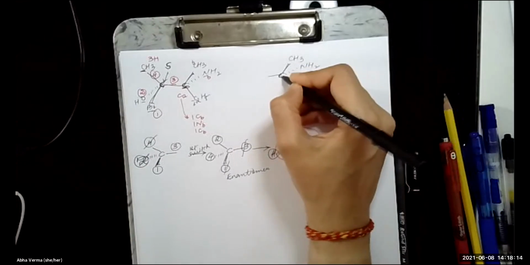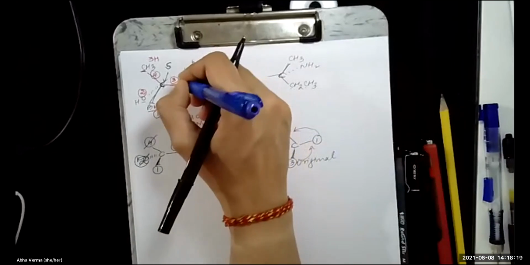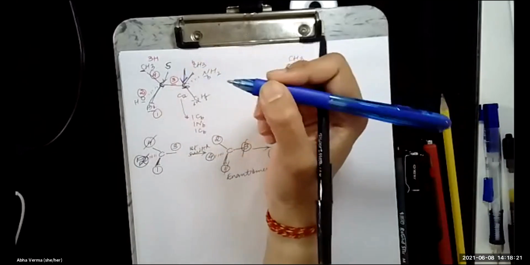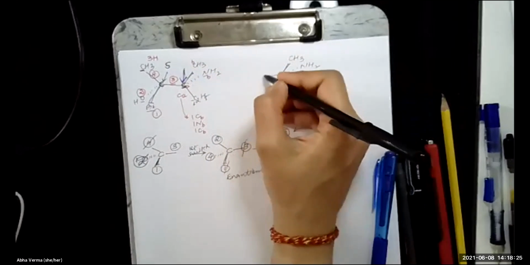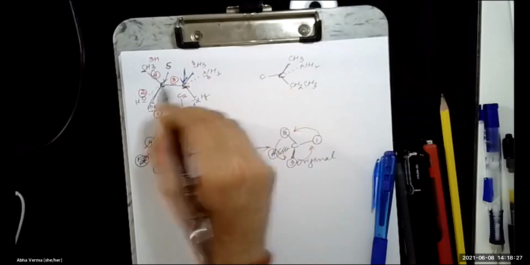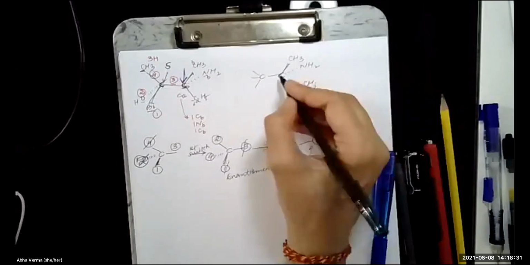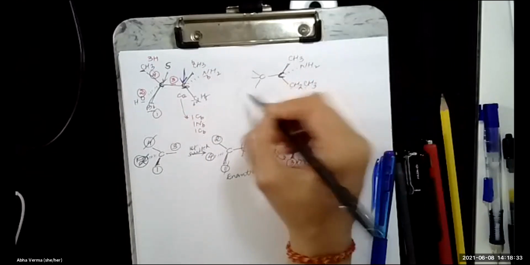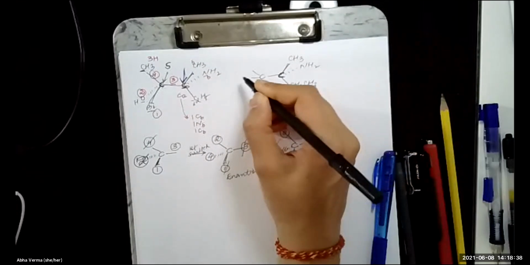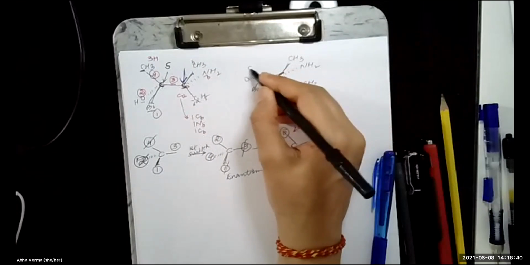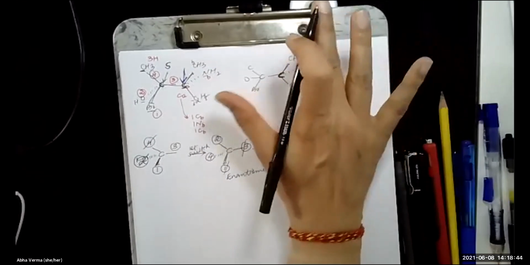So this is the carbon now, which I am interested in. This carbon right here. So there is this carbon, and I don't have to care for this carbon. Because I'm focusing on this carbon, I don't have to look at the geometry of any others. There's a bromine here, there's an oxygen here, there's a carbon here. That is the only thing that I'm interested in this carbon for now.